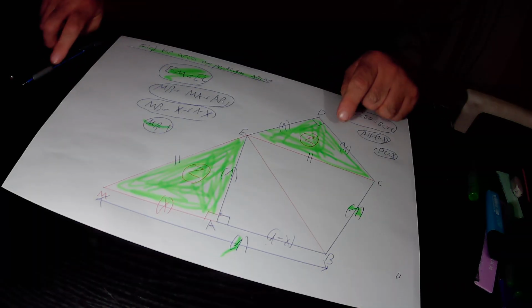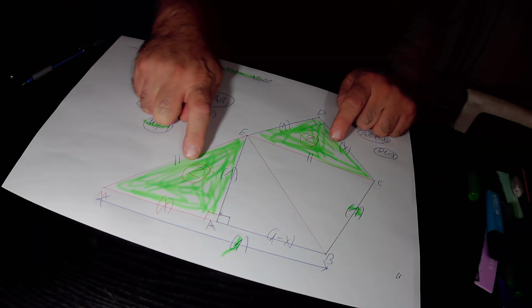And from the fact that those two right triangles are congruent, we derive that they also have the same areas.